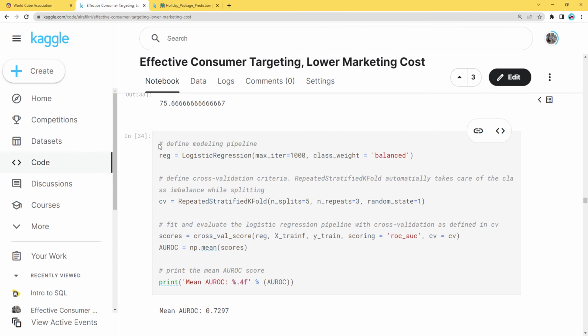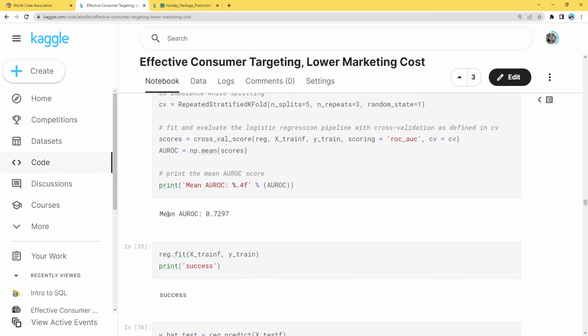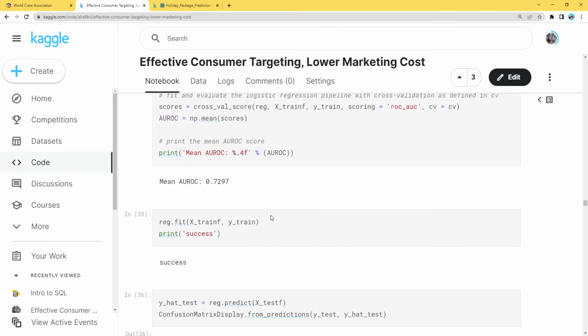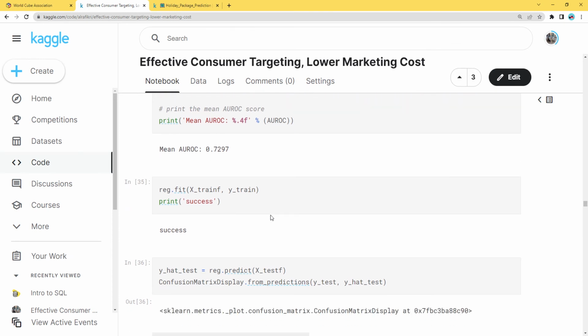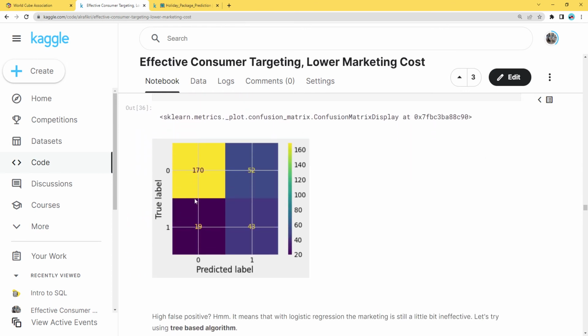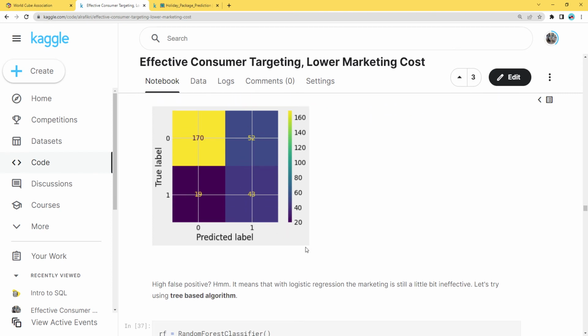Okay, for the baseline, I try to use logistic regression, and the outcome is this, so it's kind of acceptable because it's more than 20%. Yeah, 70%. But when we look at the confusion matrix, the false positive rate is higher than the true positive. So it's still ineffective marketing. We wasted so much time on these 52 people here.